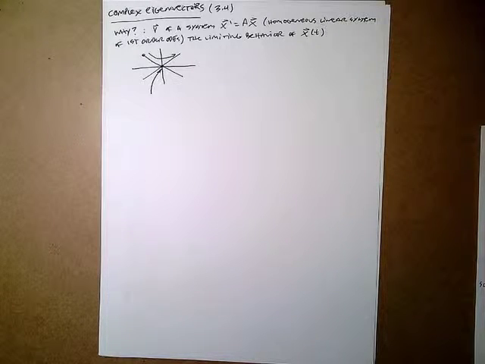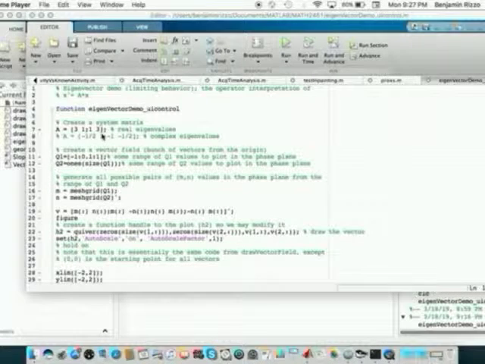So I'm going to go to MATLAB to demonstrate why it is we care about this. One of our interpretations of the linear system x prime equals Ax was an operator interpretation. So the right-hand side, A times x, can be thought of as the matrix A operating on a set of vectors x.